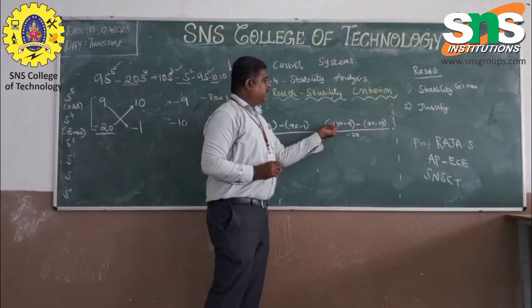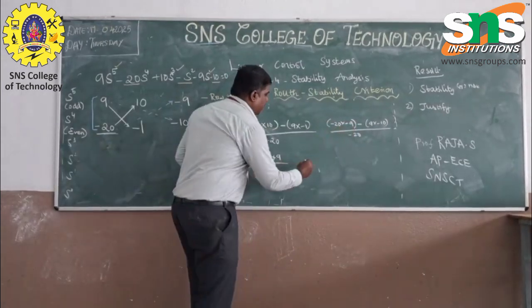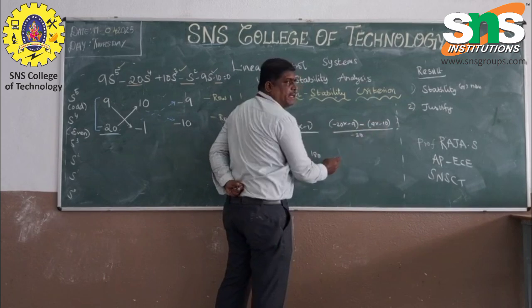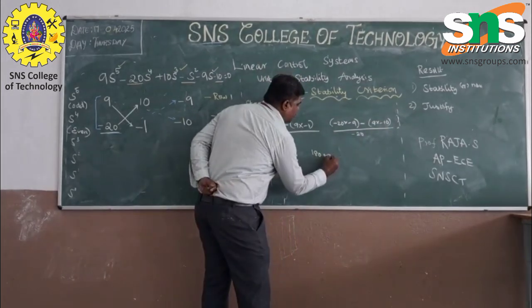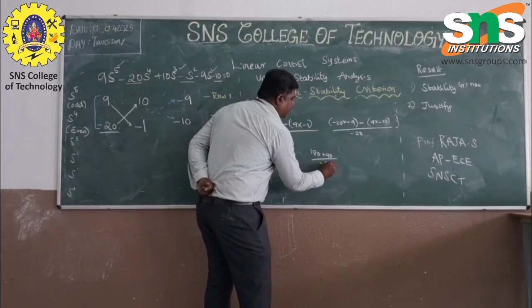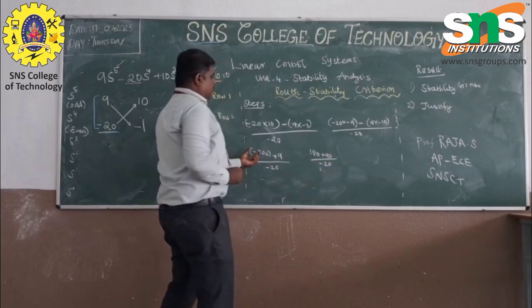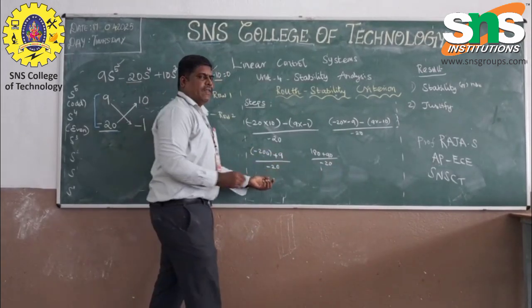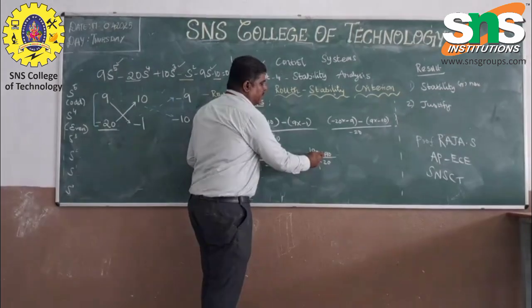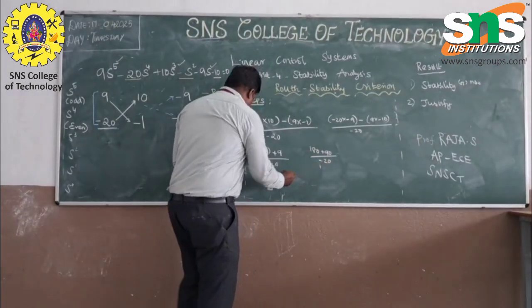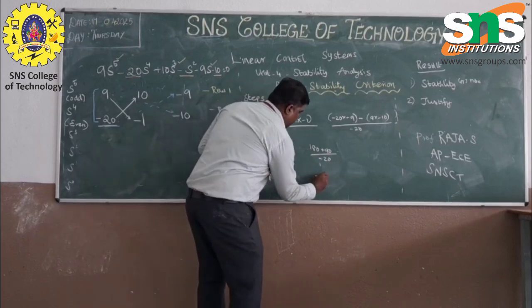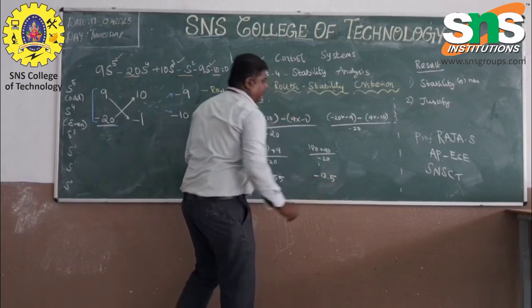Again, minus 20 into minus 9 is positive 180, then 9 into minus 10 becomes minus 90, so it becomes plus 90, divided by minus 20. When you put this in the calculator, minus 209 divided by minus 20, and 180 plus 90, 270, divided by minus 20, you get the values 9.55 and minus 13.5.